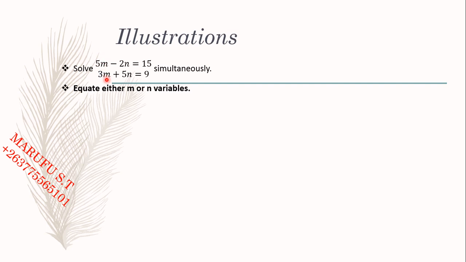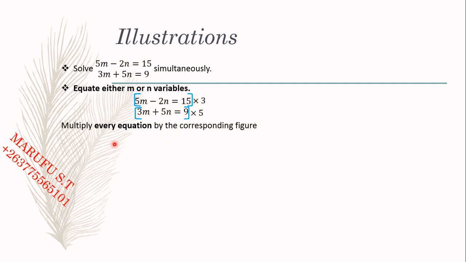We simply multiply everything. In the first equation, we multiply by this 3 that you are seeing there, and here we multiply by this 5 that you are seeing here. It's a matter of that which is at the top multiplies that which is at the bottom, and that which is at the bottom multiplies that which is at the top.